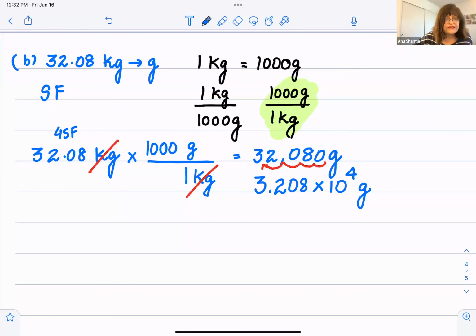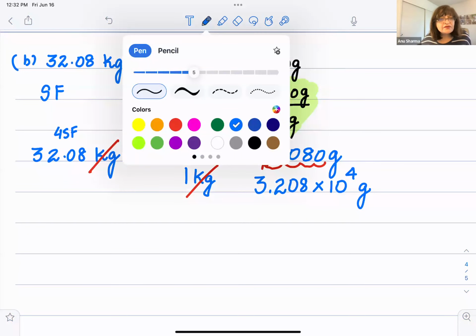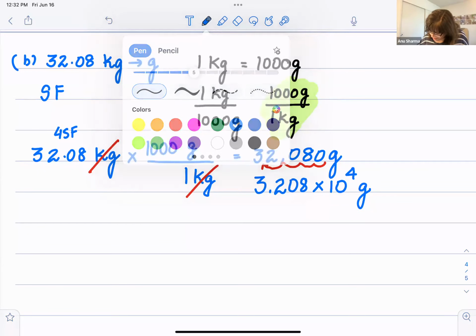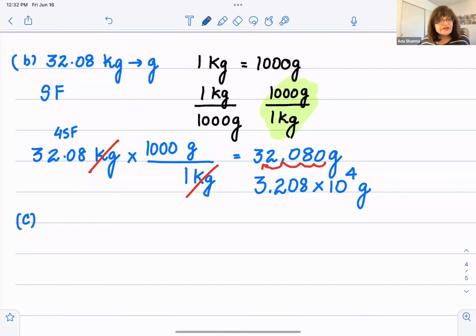All right, next is the answer to this one. C is 1.53 grams, which is given to you, and you convert the grams to centigrams. Now centi relates to centimeter, meter, so 100 times more.